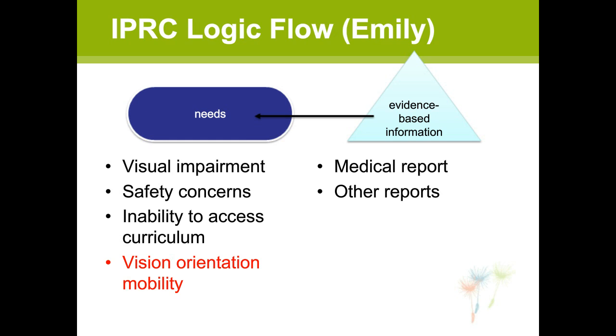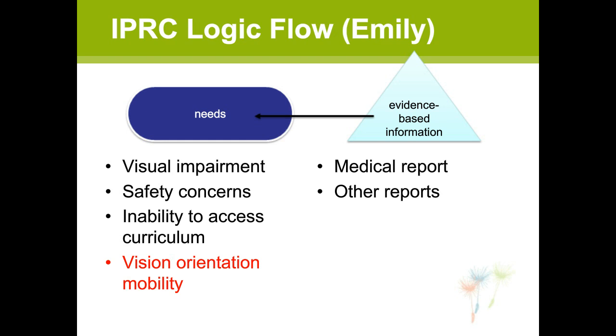And from that evidence, needs are self-apparent. They're apparent, right? In this case, clearly she's visually impaired, and that's a need, right? Clearly there are safety concerns around Emily. And also there's an inability for her to access curriculum. And again, that's obvious to us when we think about this.